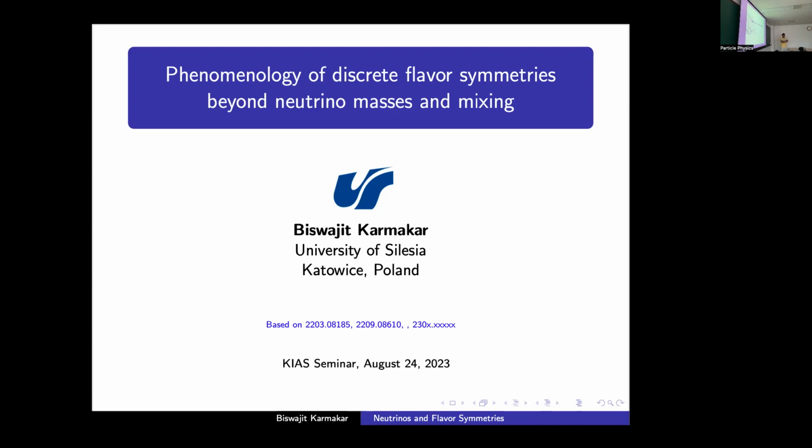If possible, can you explain how to get these kinds of discrete symmetries in string theory? Yeah, so this modular symmetry which I was talking about basically comes from superstring theory, from compactification of extra dimensions. For example, let's consider 3-branes.